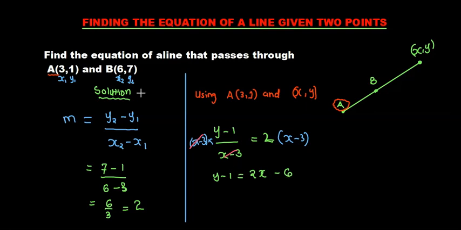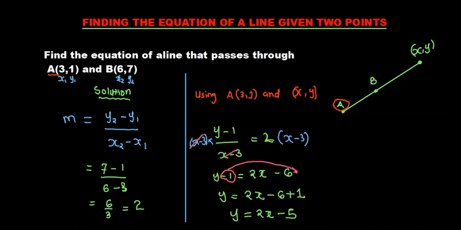Then the next step, we need to take this number here to the other side of the equal sign, and we shall remain with y equals 2x minus 6. Because it's negative, it will be positive, so that will be y equals 2x minus 5 as our equation of this line.